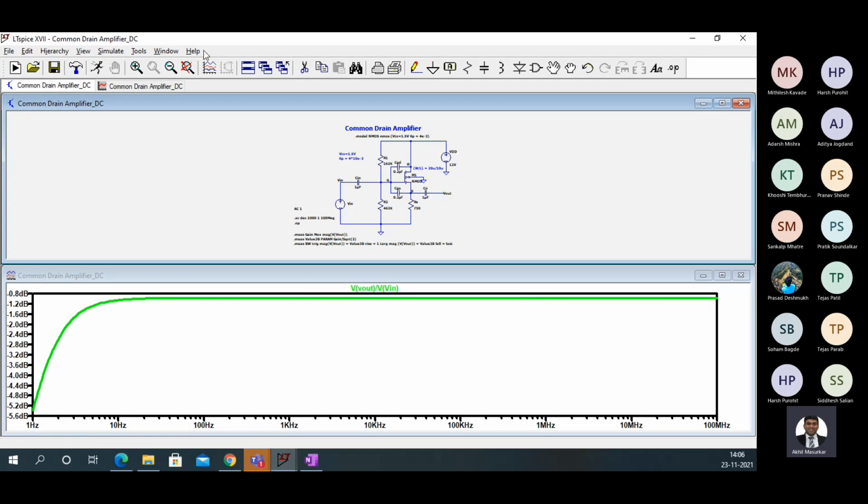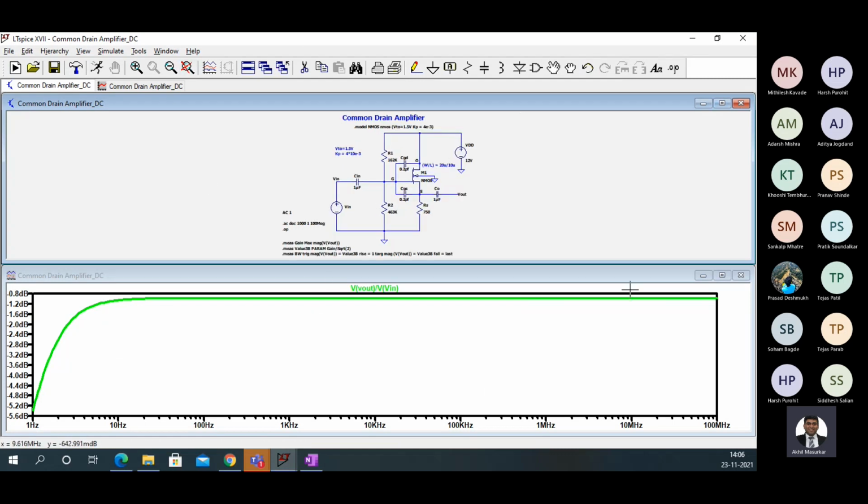Now I want to see these values along with this graph.